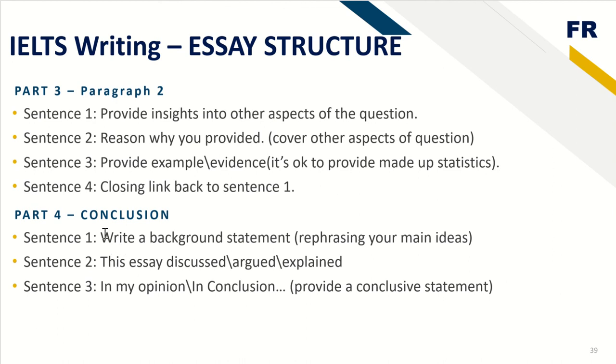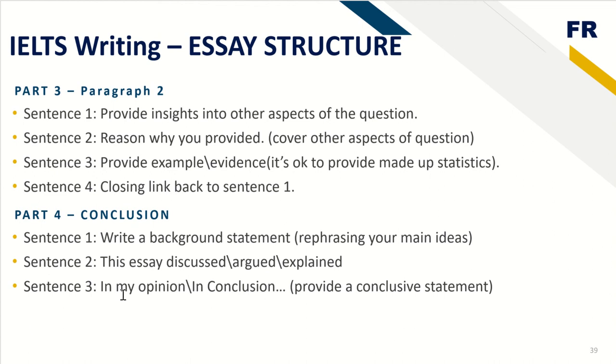All right, so reiterating part 4, which is the conclusion, you write a background statement where you reiterate what you wrote in paragraphs 1 and 2 in your own sentences, or you give a holistic idea about what you mentioned across the essay entirely. In sentence 2, you could again reiterate what you wrote in 1 and 2, or put it across in your own words.